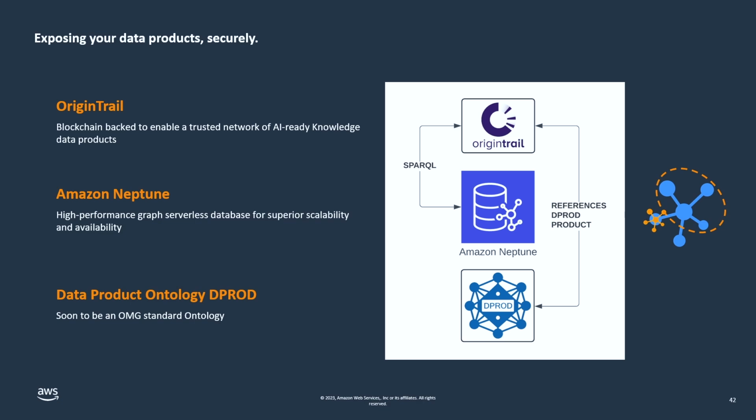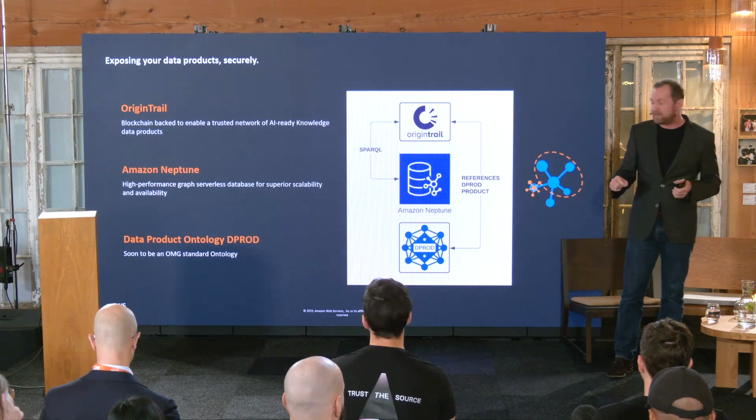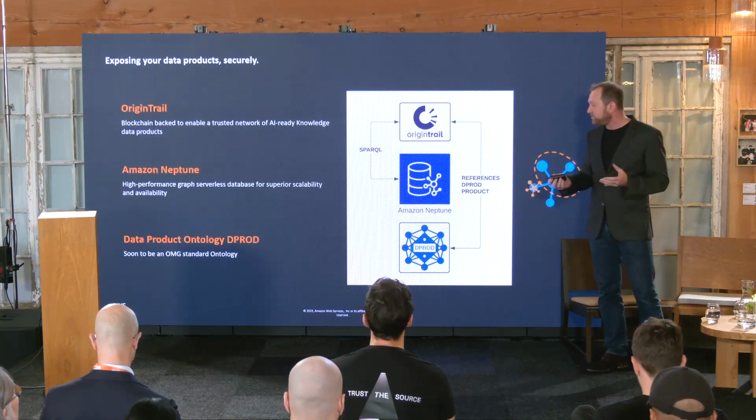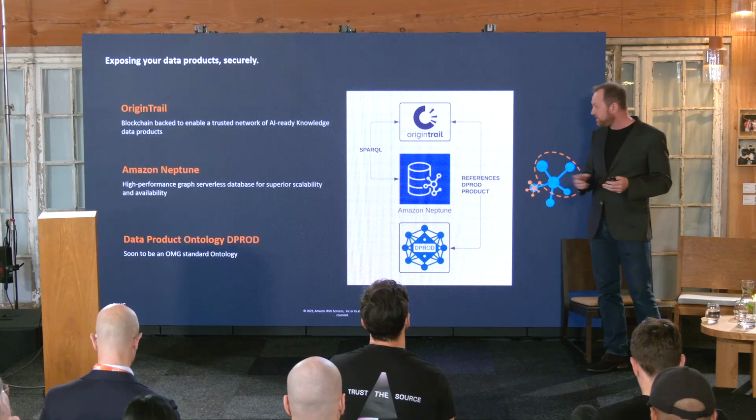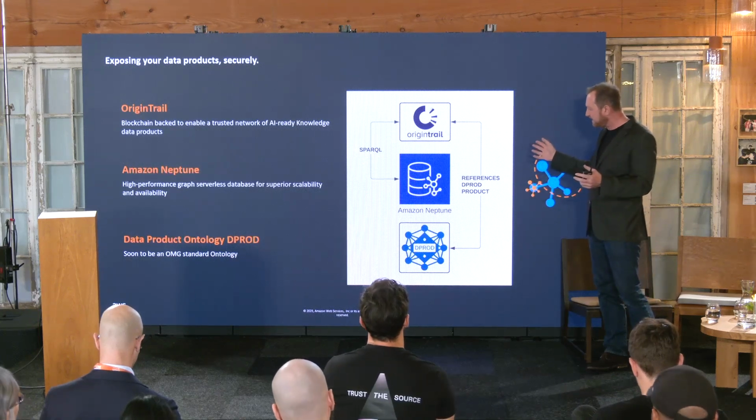Origin Trail provides a way of creating a trusted network of those graphs. DPROD, which I haven't even mentioned yet at all, is an ontology which we hope to become a standard later on this year, which has recently been released, which represents products of data. So, why is this important?